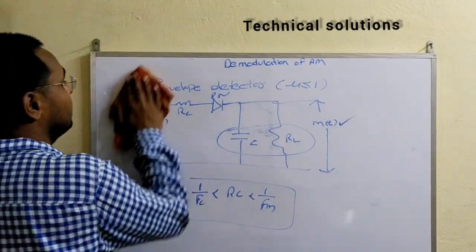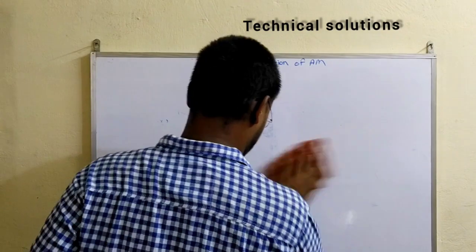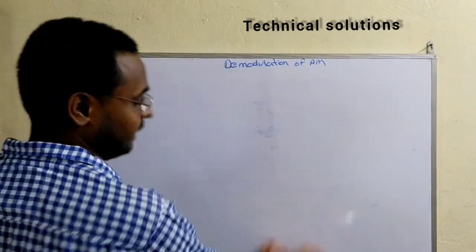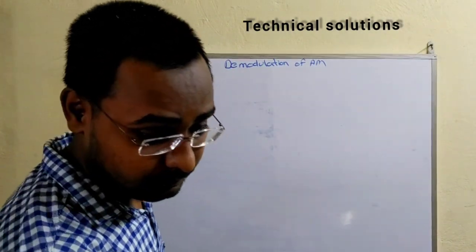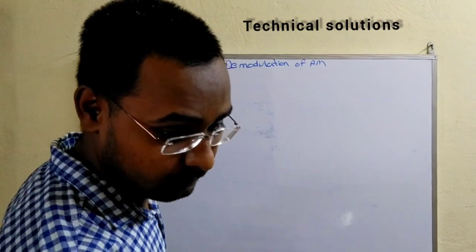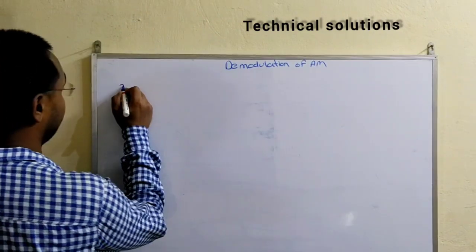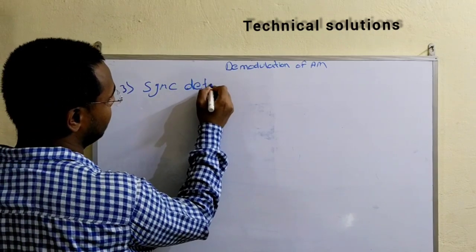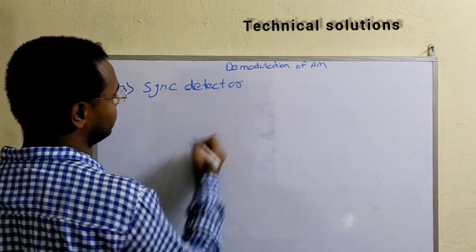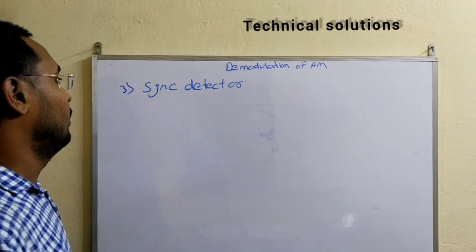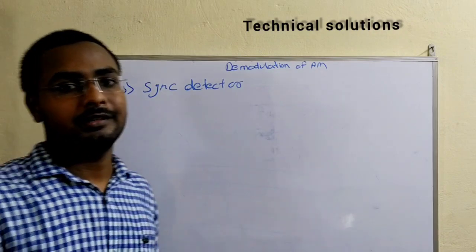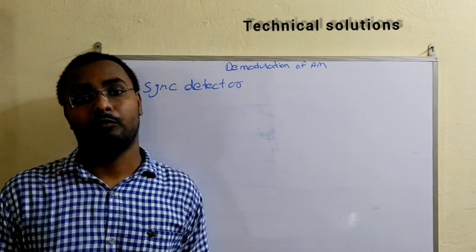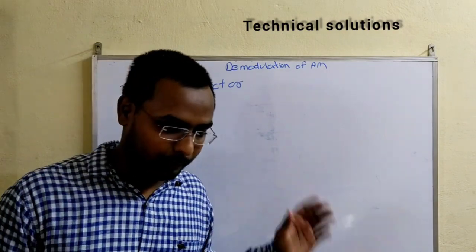Now our third point is the synchronous detector. Why is the synchronous detector not used and why is it very complex?